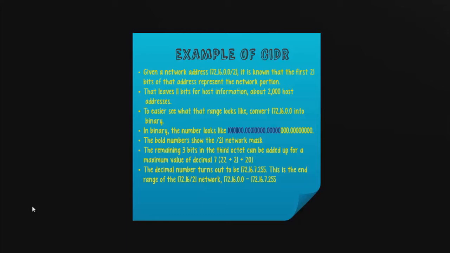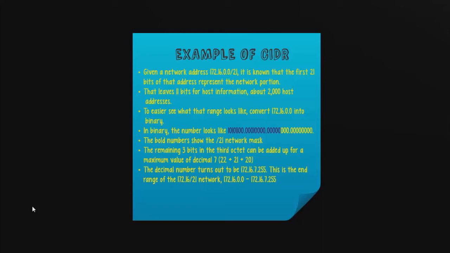After the bold section, the remaining 3 bits in the third octet can be added up for a maximum value of decimal 7, which is 2 to the power of 2 plus 2 to the power of 1 plus 2 to the power of 0. All of the bits in the last octet are available, and when converted to decimal, it is equal to 255.